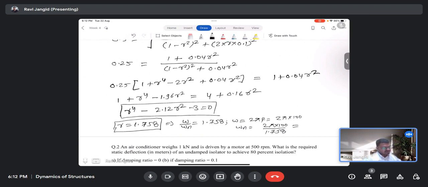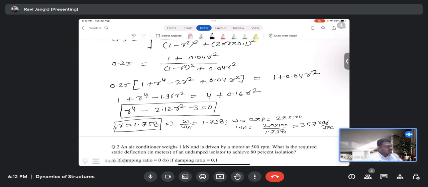So how much does it come out to be? That would come out to be 357 radian per second, your omega n.